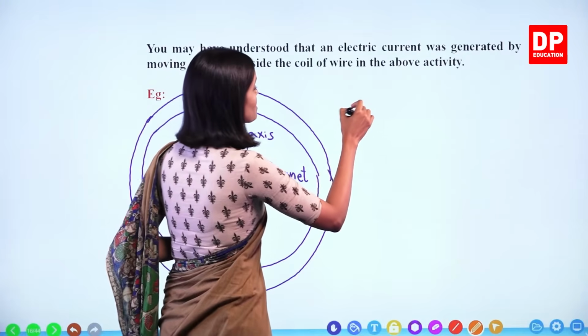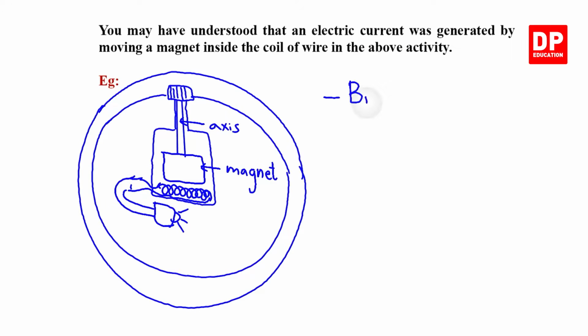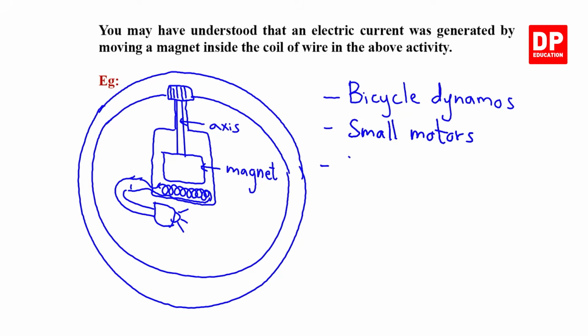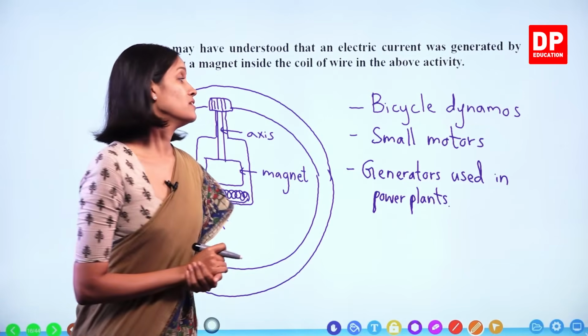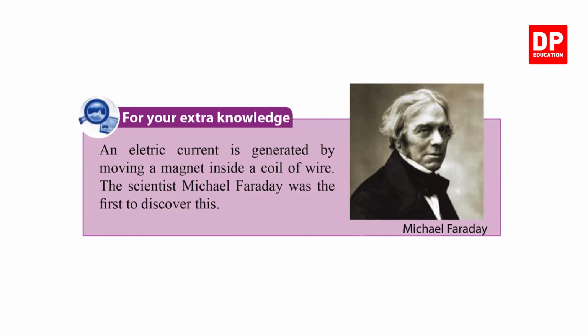We will write that the same method is used in bicycle dynamos, small motors, and also generators used in power plants. Okay, children. Right, we'll move on to the next.